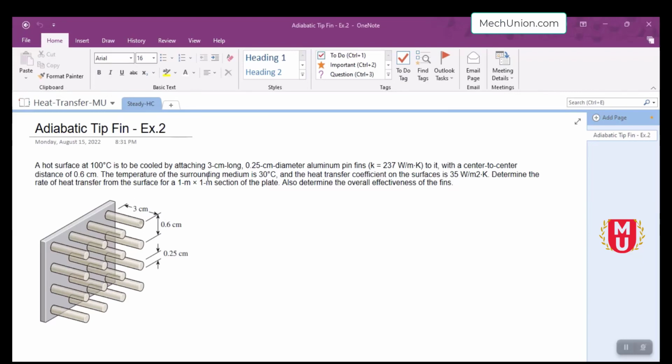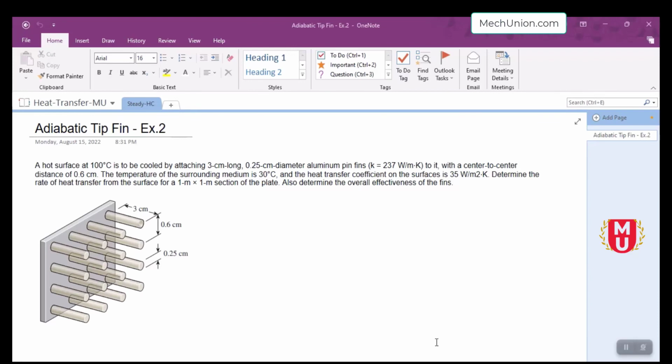The temperature of the surrounding medium is 30 Celsius and the heat transfer coefficient on the surfaces is 35 watt per square meter Kelvin. Determine the rate of heat transfer from the surface for a 1 meter times 1 meter section of the plate. Also determine the overall effectiveness of the fins.